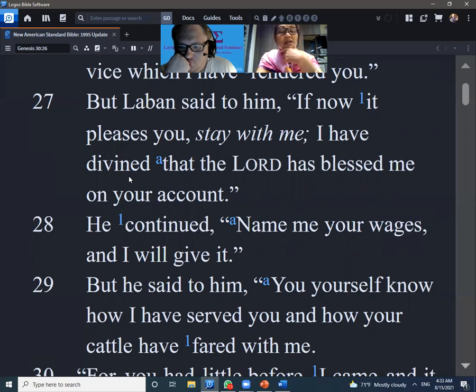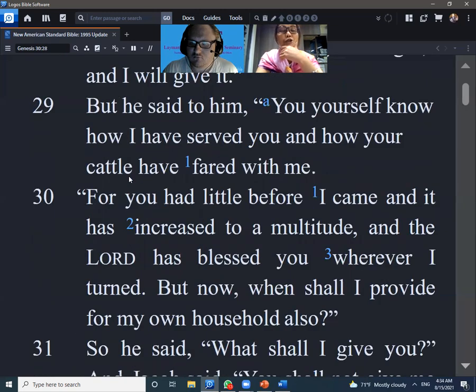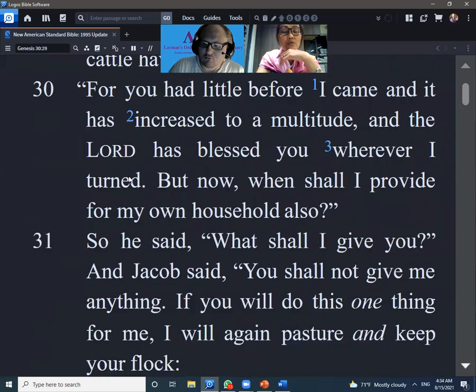He continued, name me your wages and I will give it. But he said to him, you yourself know how I have served you, and how your cattle have fared with me, for you had little before I came, and it has increased to a multitude, and the Lord has blessed you wherever I turned. But now, when shall I provide for my own household also?